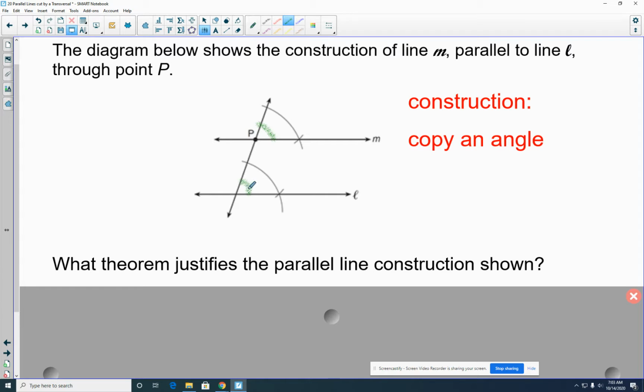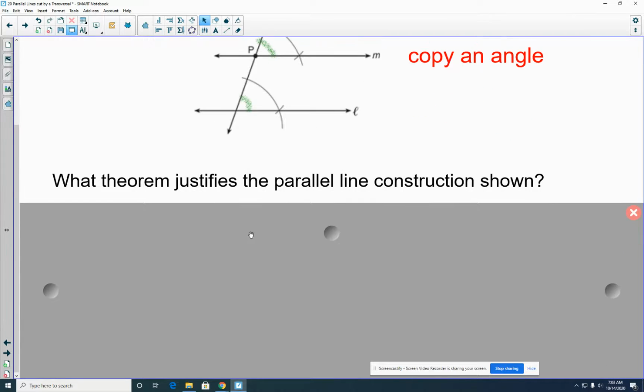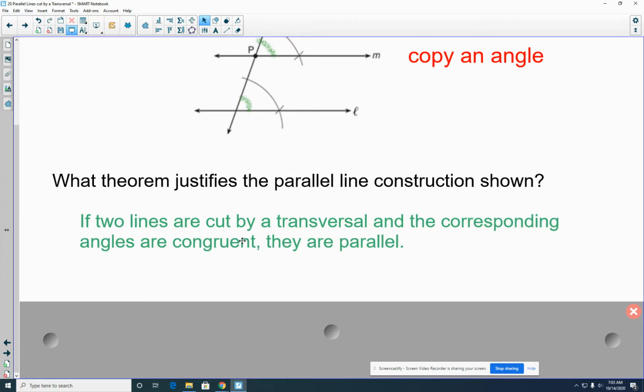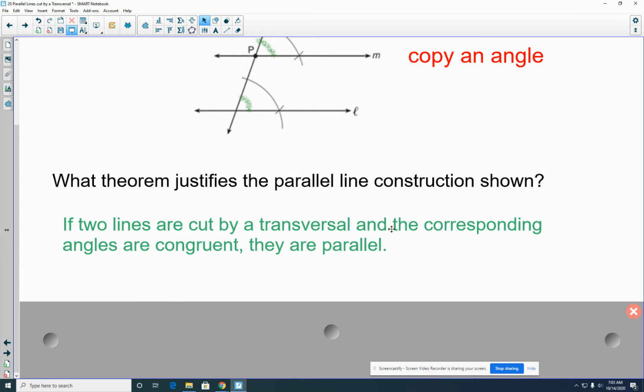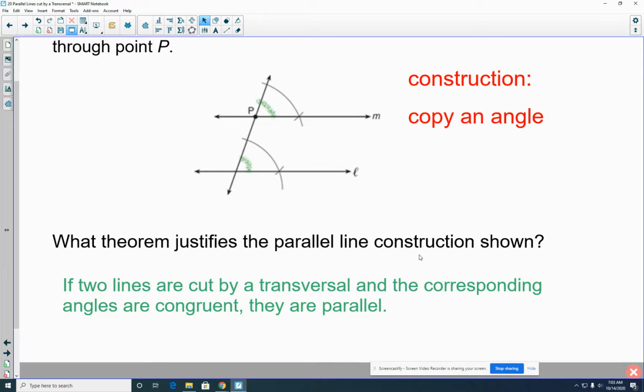Okay, so they're not alternate. They're on the same side, right? One's on the bottom and one's on the top. These are corresponding angles. So the parallel line theorem that we're going to apply here is this. If two lines are cut by a transversal and the corresponding angles are congruent, they are parallel. And there we have it.